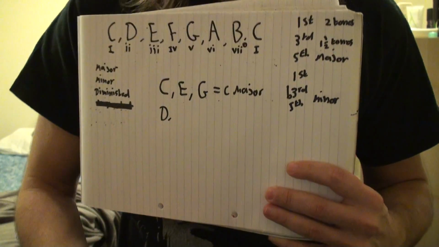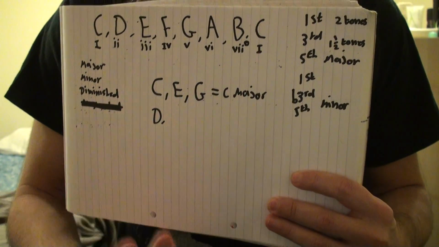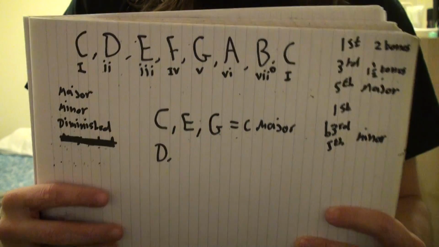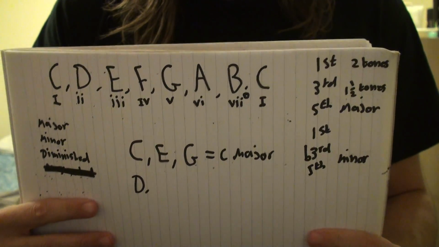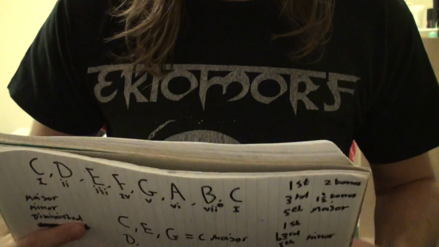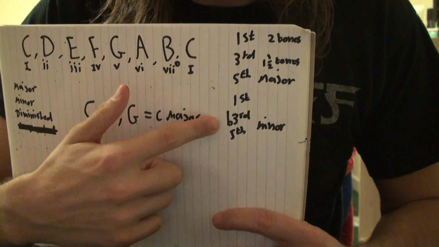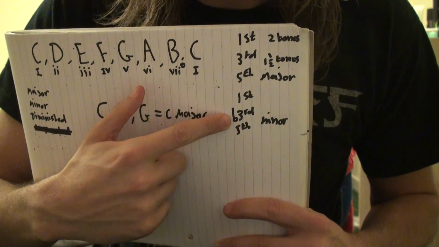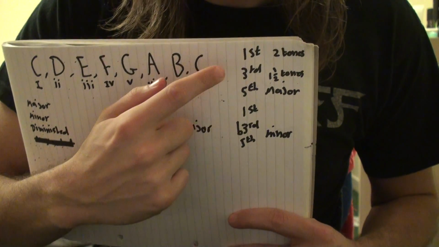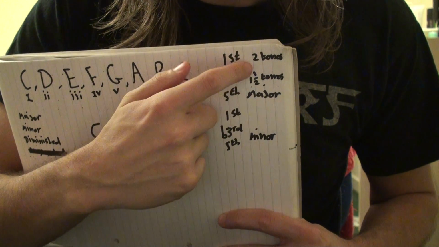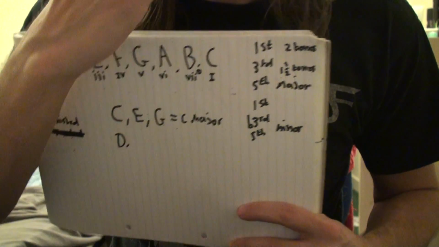Every type of chord has its own chord spelling. So between a first and a third we have 4 notes, like I said.